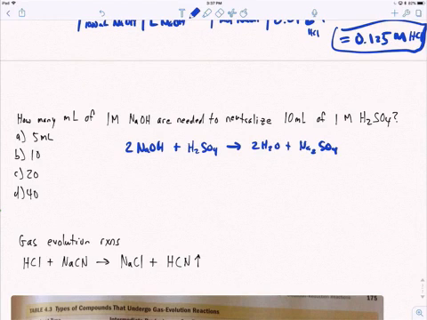So are we going to need half as much or twice as much sodium hydroxide? Say 1 to 2 molar ratio. So for every 1 mole of sulfuric acid, H2SO4, how many moles of sodium hydroxide do we need?